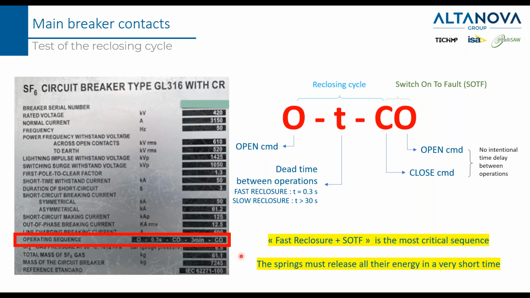So you can imagine how heavy the main contact can be, and thinking that we have to move such a big mass in a very short time, you can imagine how much energy is required. That's why it's the most critical sequence when you have to do a fast recloser and then a switch on to fault.